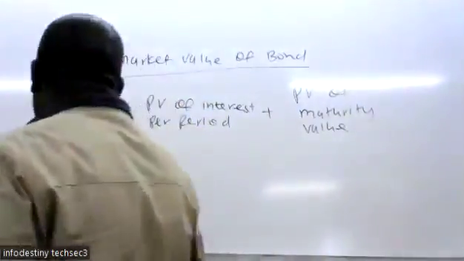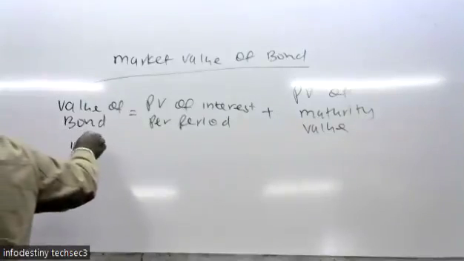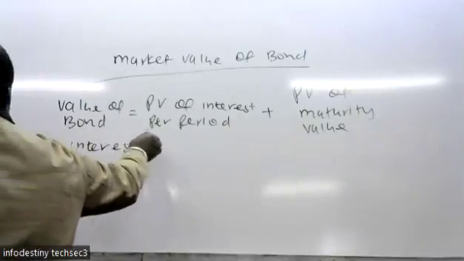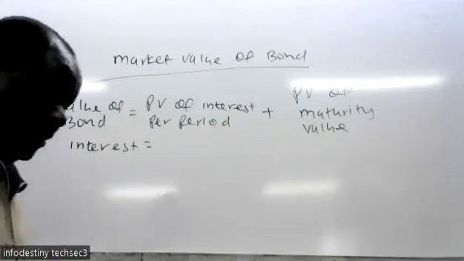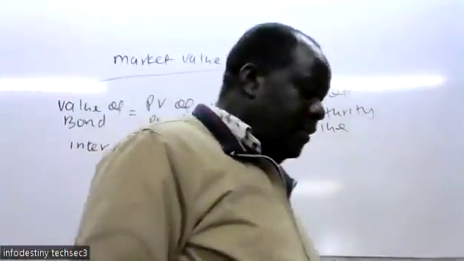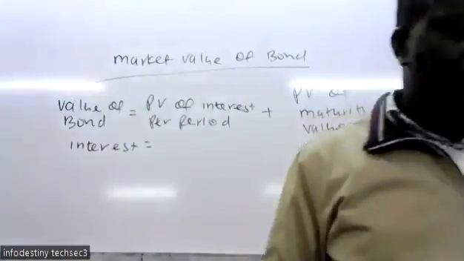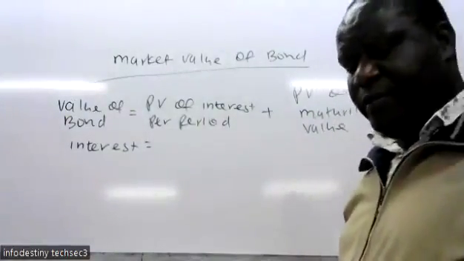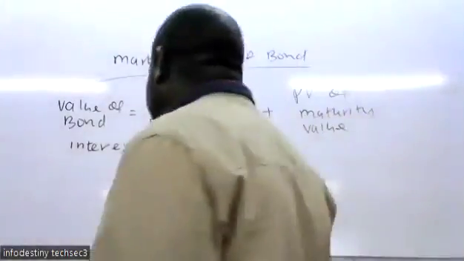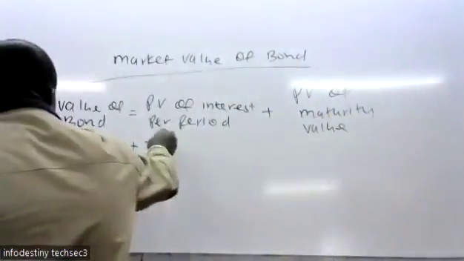So we start off by calculating interest. The interest rate is 9%. The par value is 100. So get 9% of 100.